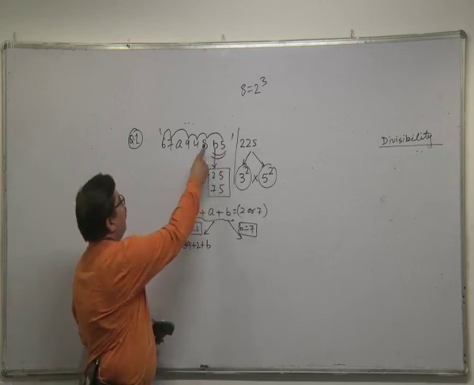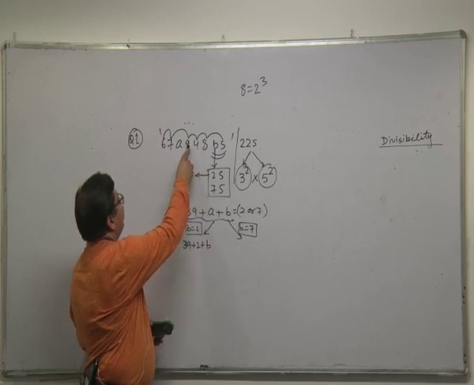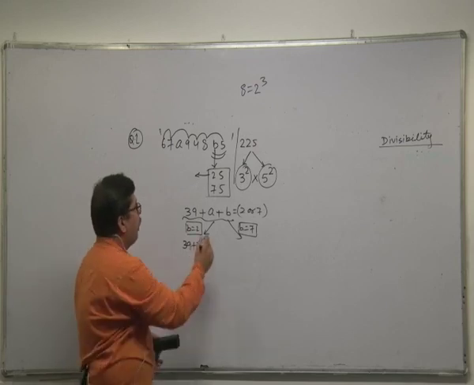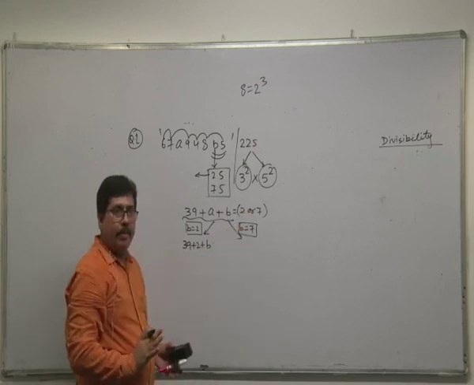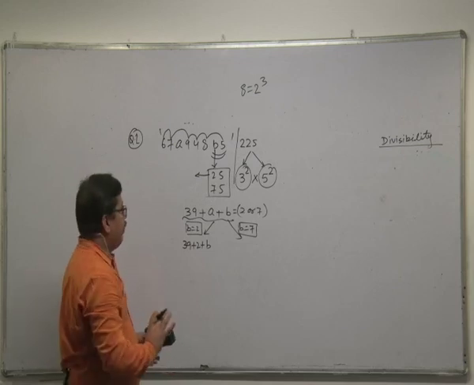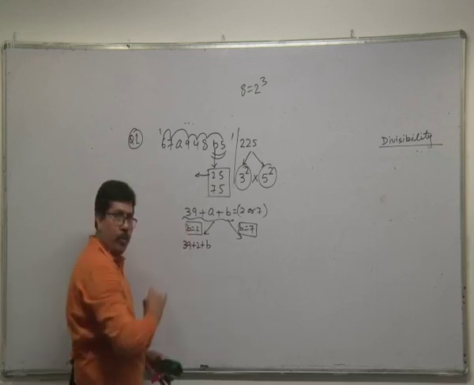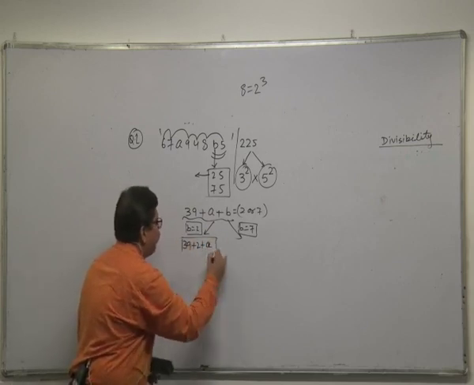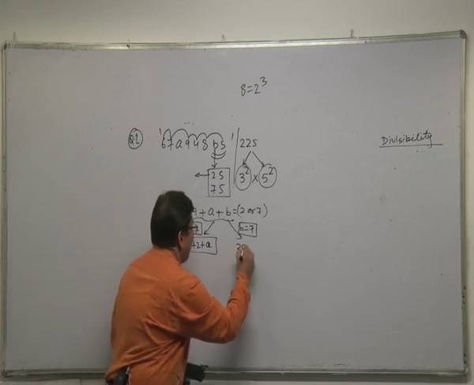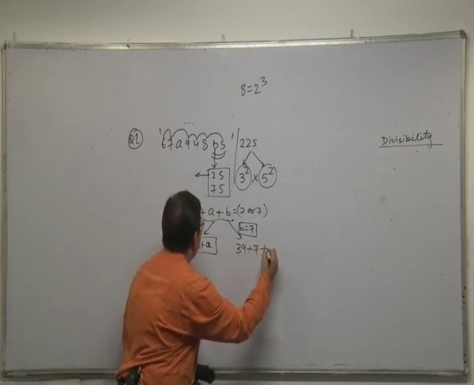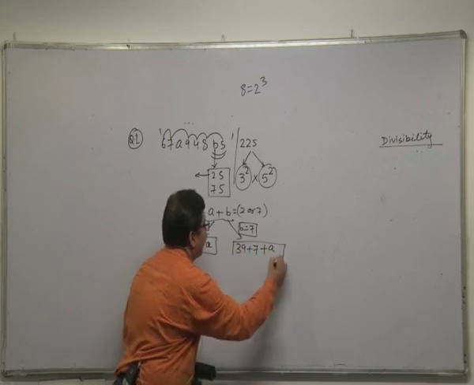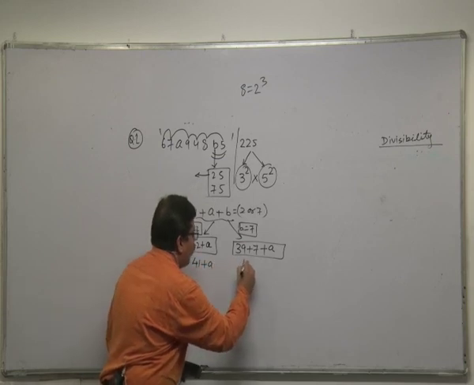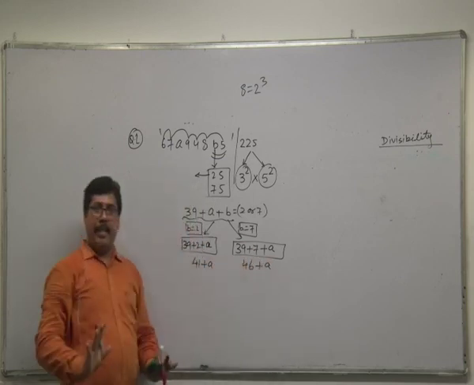So 5, 8, 13, 17, 26, 33 plus 6 is 39. If B is 2, so 39 plus 2 is 41, and 41 plus A. And next one is 39 plus 7 plus A, when B is equal to 7. So 41 plus A or 46 plus A are the two possibilities, can I say?